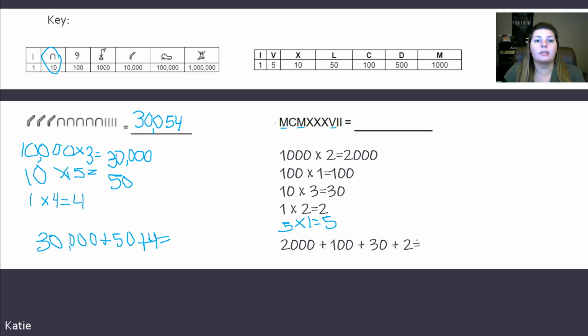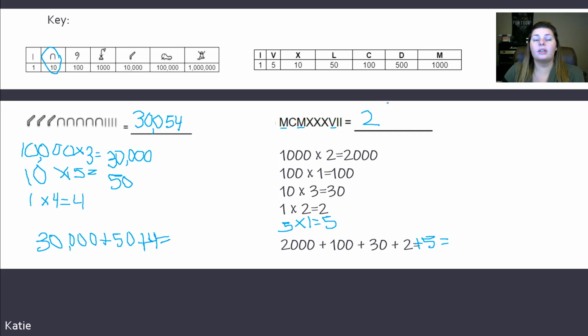So let's just put a plus here. No problem. And then we see the last one here as a 1 and 1. So 1 times 2 is 2. So taking this here, we see 2,000.